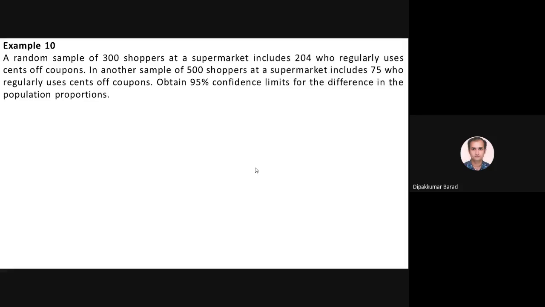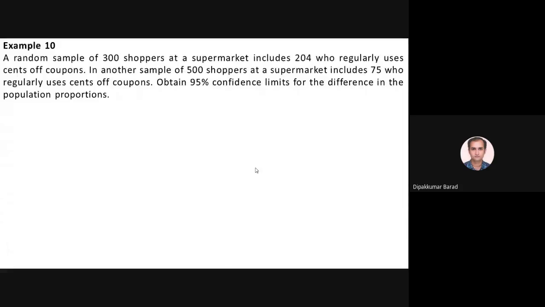A random sample of 300 shoppers at a supermarket includes 204 who regularly use cents-off coupons. In another sample of 500 shoppers at a supermarket, 75 regularly use a cents-off coupon. Here we have to find the 95% confidence limit.